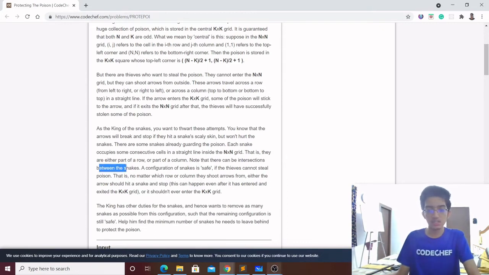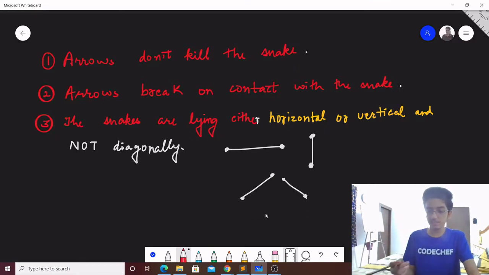Two snakes can lie like this. This is one snake, then this can be another snake, then one more snake, and then one more snake like this. So basically, the snakes can intersect each other and they won't eat each other.